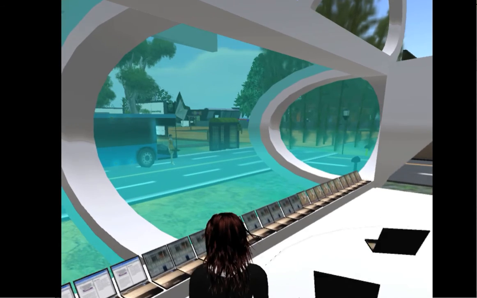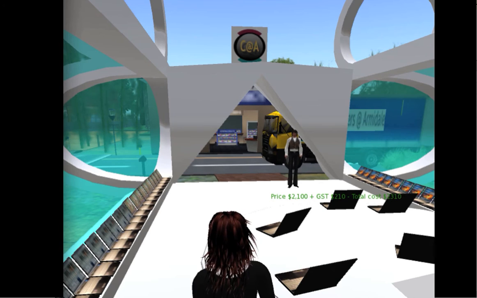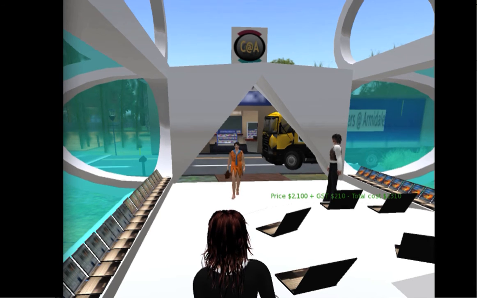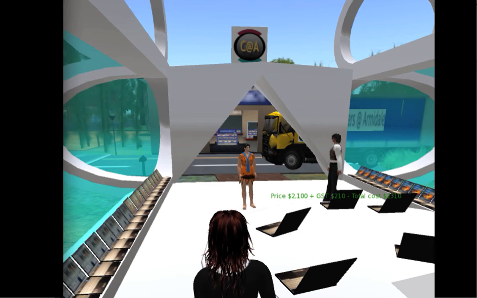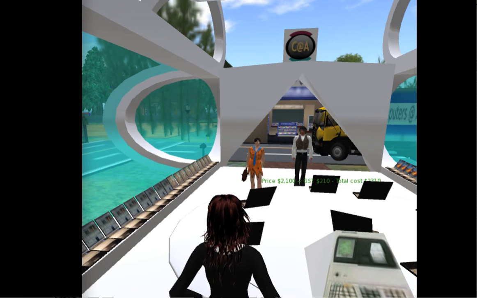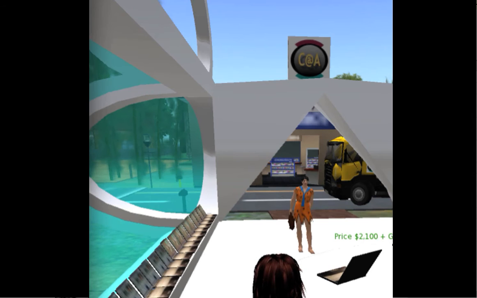Wow, I think here comes our first customer. I need 17 computers urgently, please. How much will it be? Computers are selling this week for $2,100 each, plus GST. How much is that?